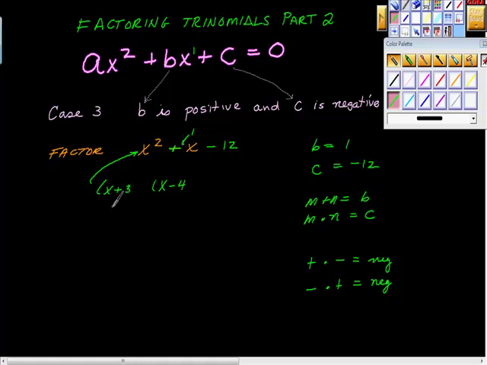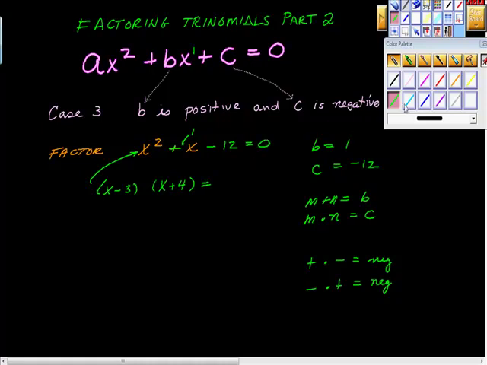So what do we have to do? We're not in big trouble here. We just have to make a little switch. Take this out and make this negative and this positive. Go back and check it again. Negative 3 times positive 4 is still equal to negative 12. And negative 3 plus 4 is equal to 1. We can prove this by foiling this thing out.